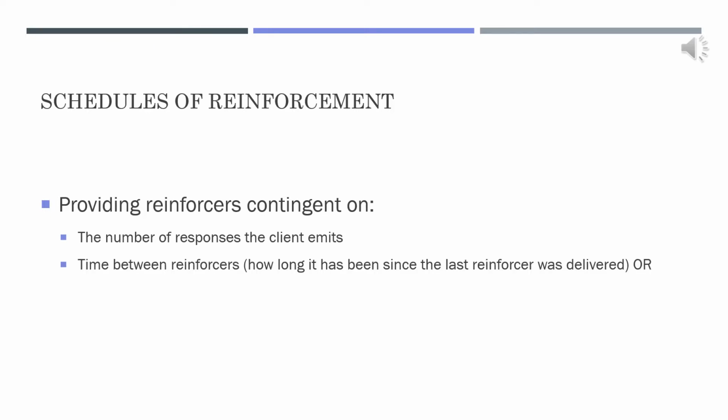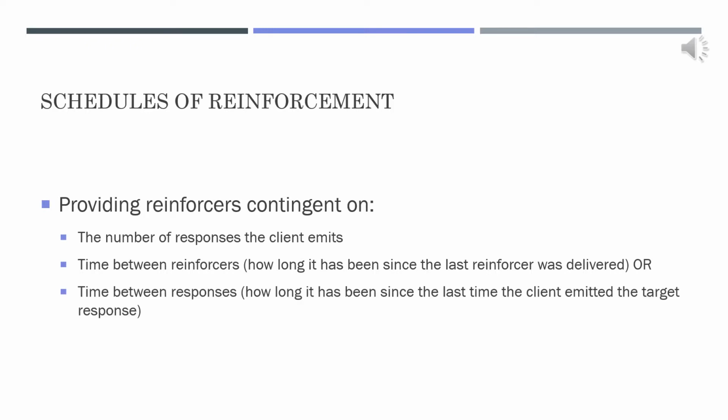Also, the time between reinforcers. For example, if it has been 2 minutes since the last opportunity for the client to play with the car ramp. Finally, time between responses. This may involve how long it has been since the last appropriate "My turn" response the client emitted. In all of these scenarios, we are determining when to deliver a reinforcer based on predetermined criteria.